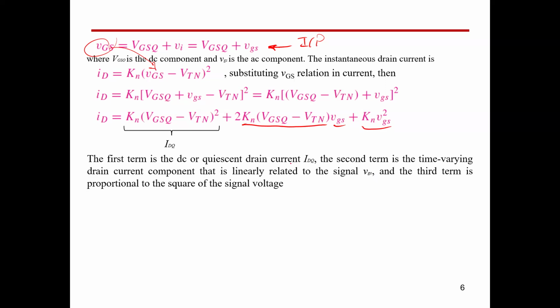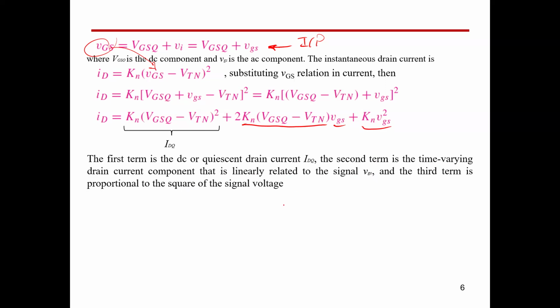So this is IDQ. The second term is the time-varying drain current component that is linearly related to the signal vgs, so it's the part of the current which depends on vgs. And the third term is proportional to the square of the signal voltage.